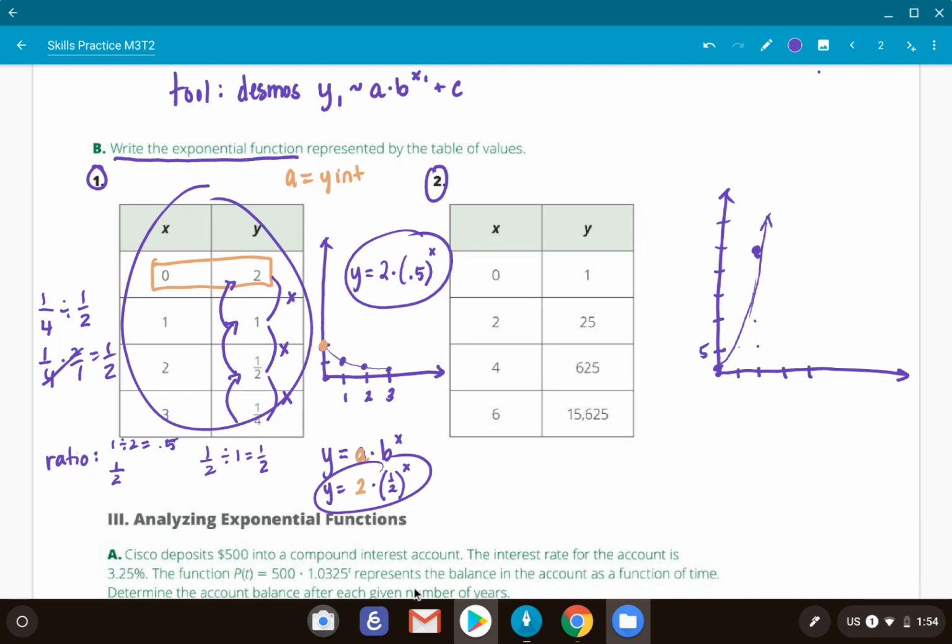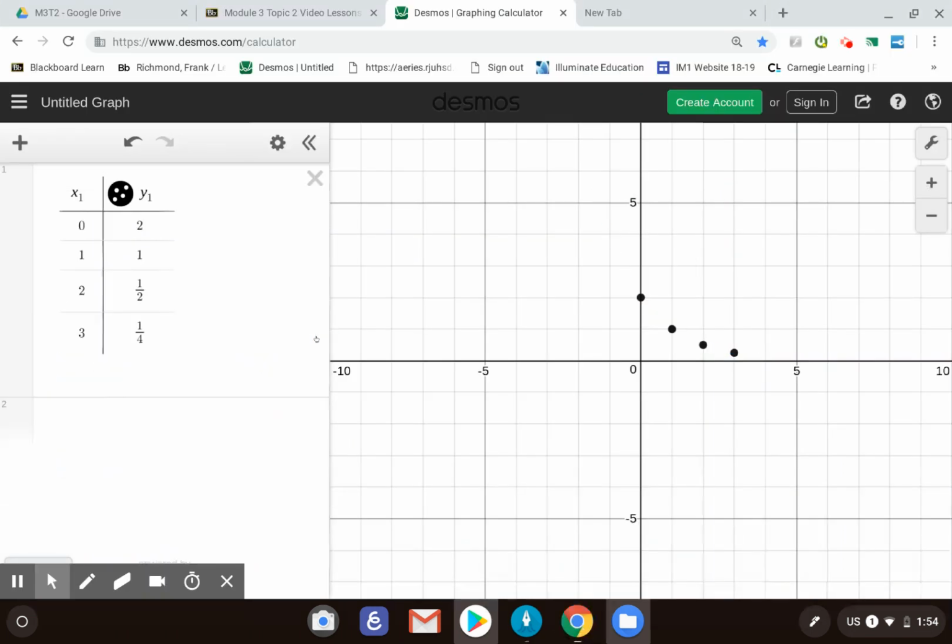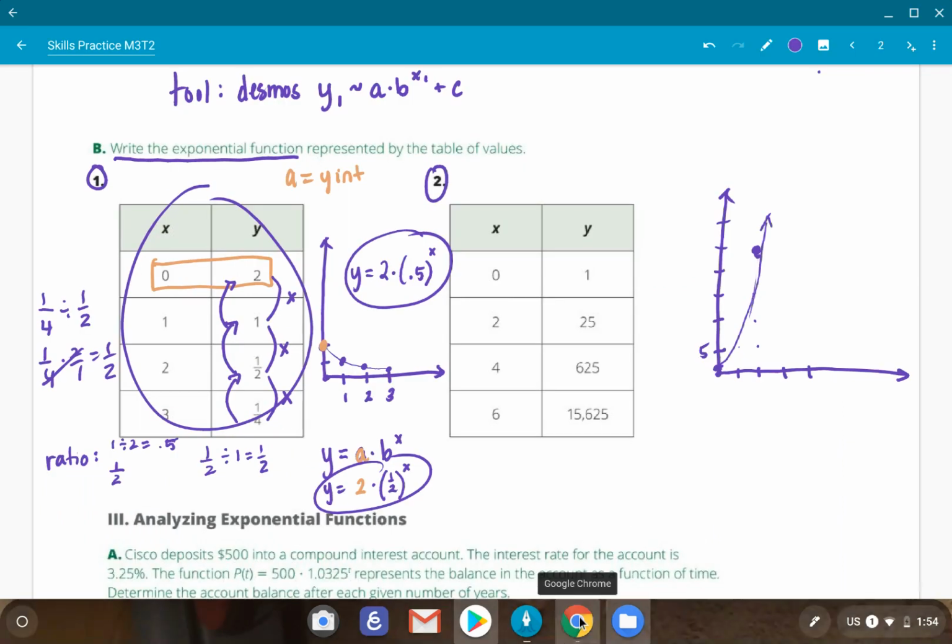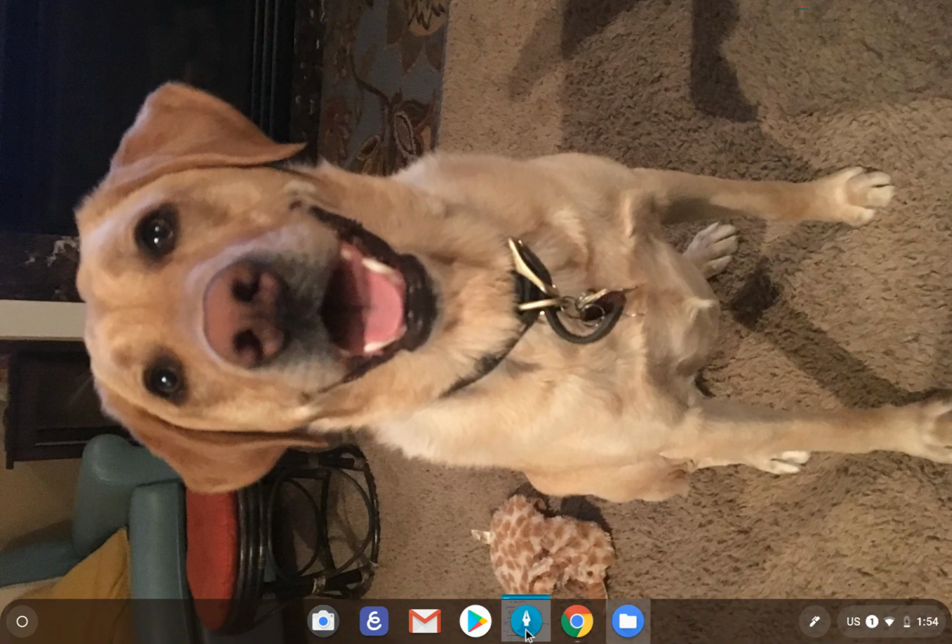I'm going to go ahead and plot this on Desmos so you can see a little better.